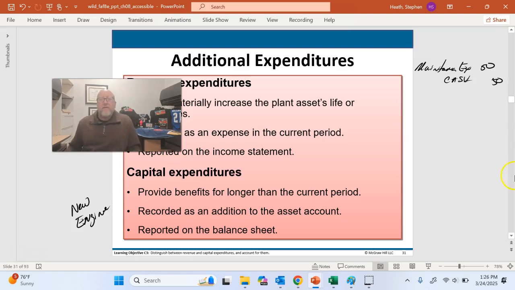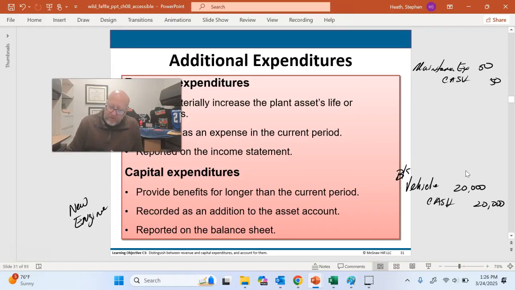And then if I paid $20,000 to have my engine replaced, it would be vehicle 20,000 and cash 20,000. But again, one goes on the balance sheet and the other goes on the income statement. That's the difference between revenue and capital expenditures.